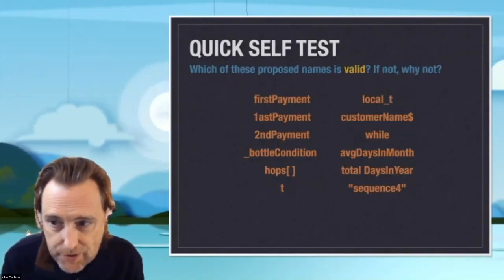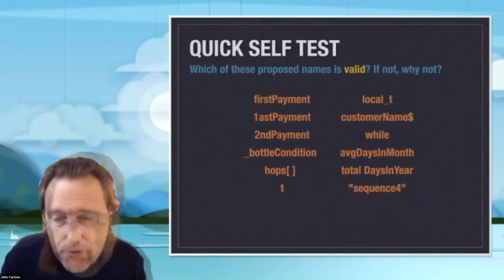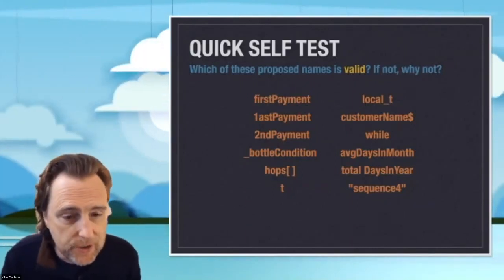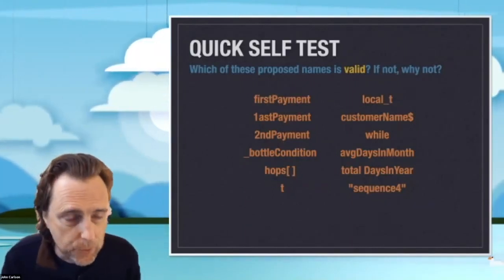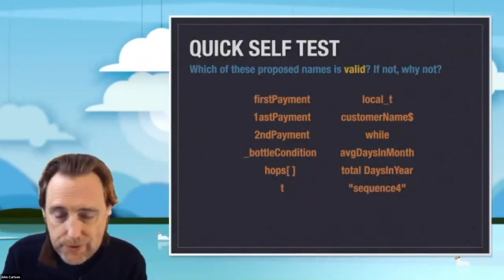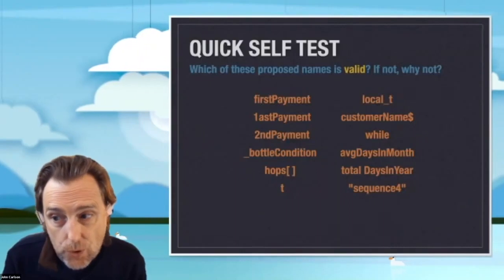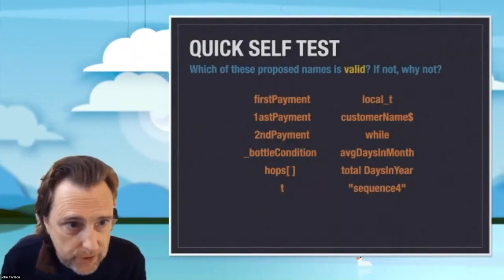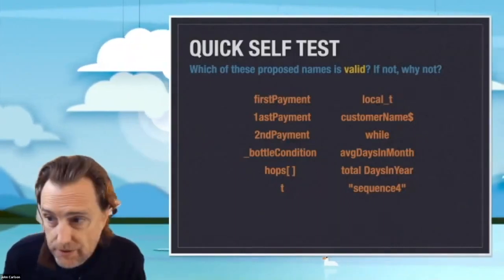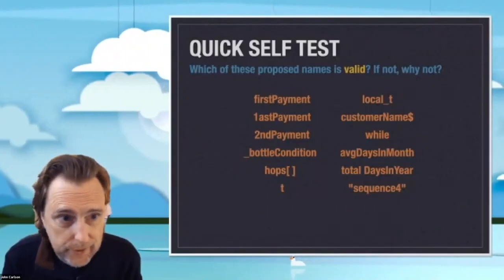So T's great. Local T, although I did say you can't use reserved keywords, and local would be a reserved keyword. The identifier is actually local and then 2 more characters. So local underscore T is not a reserved keyword.